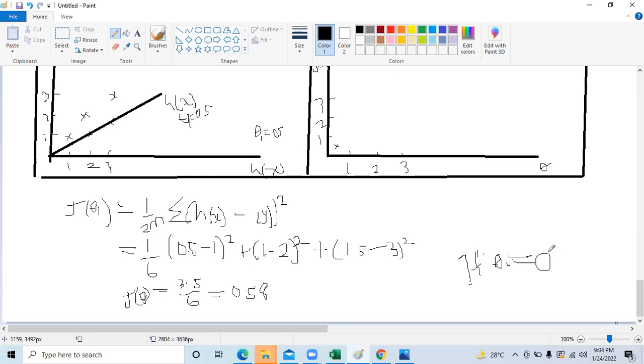So I want you to go ahead and try this example, right? Just pause the lesson for now and go ahead to see if you can solve for if theta 1 equals 0. Just pause and try to solve. So I'll go ahead and solve it now, so you can see how cost function basically works.